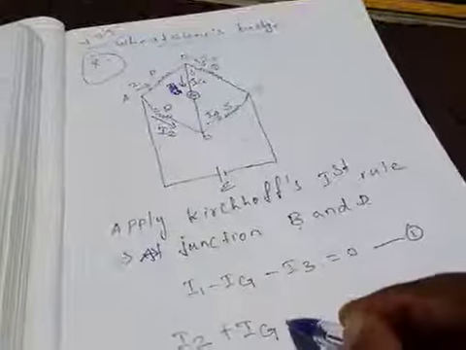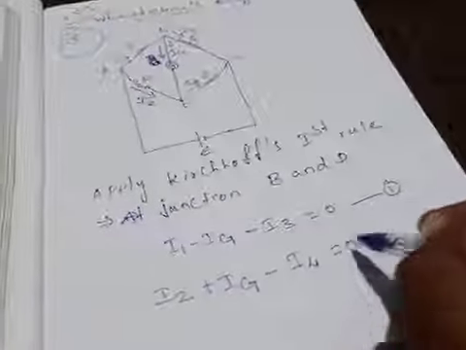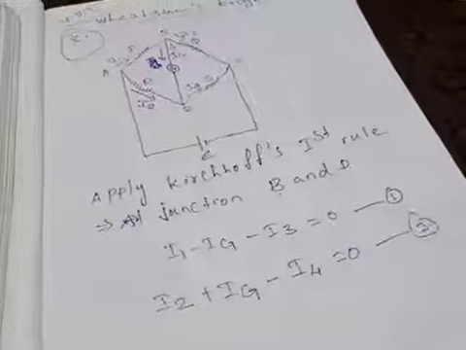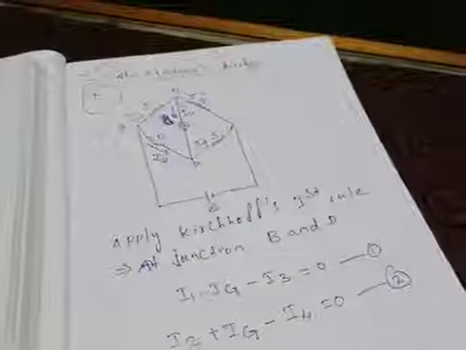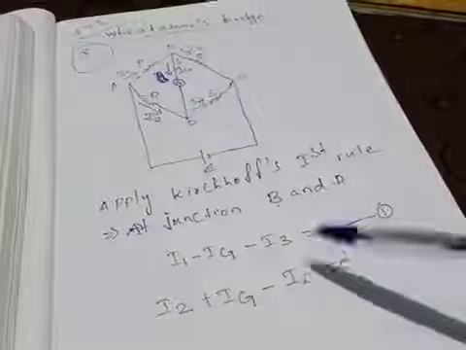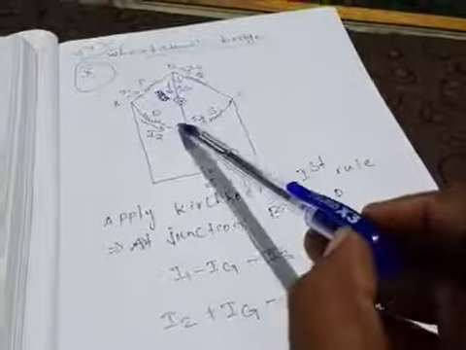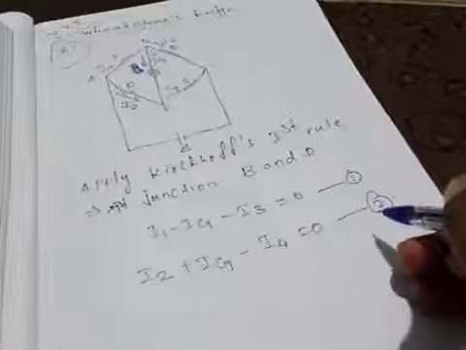I4 is away from the junction, so minus I4 equal to 0. This is equation 2. I believe you have understood how I found this, just applying the Kirchhoff first rule to the junctions B and D and getting two equations.